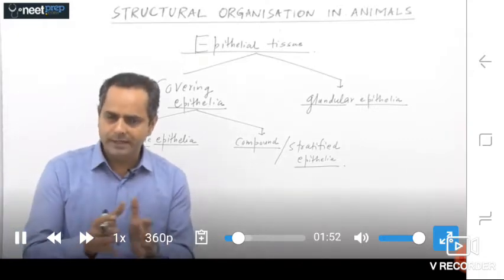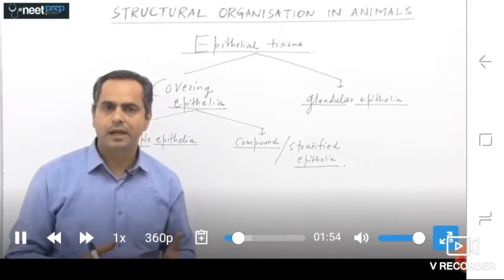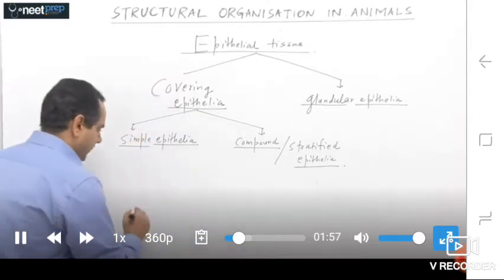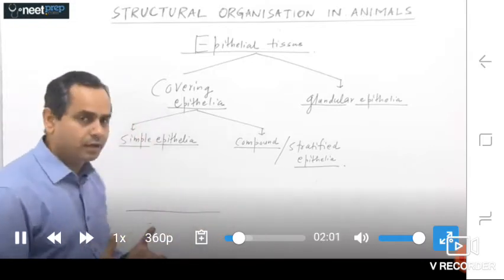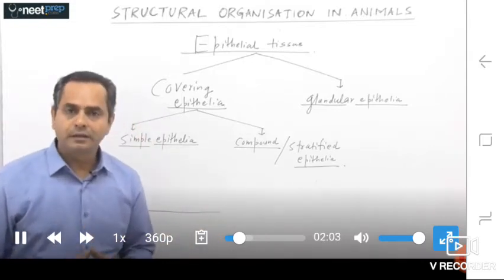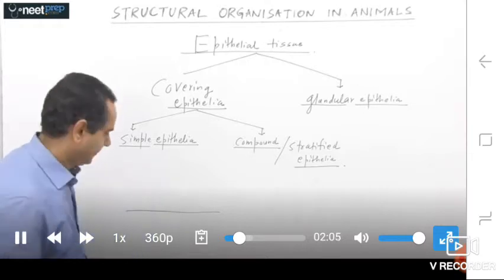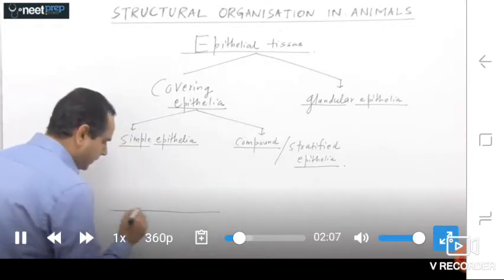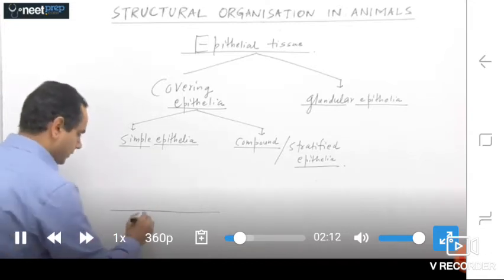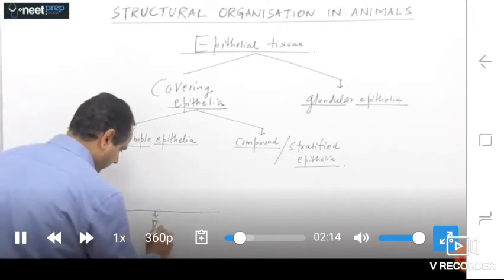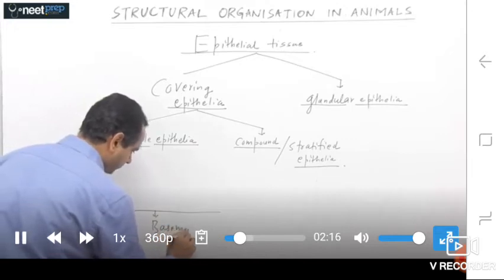If we talk about the very basic difference between these tissues, what is that? Suppose there is a non-cellular layer called basement membrane.